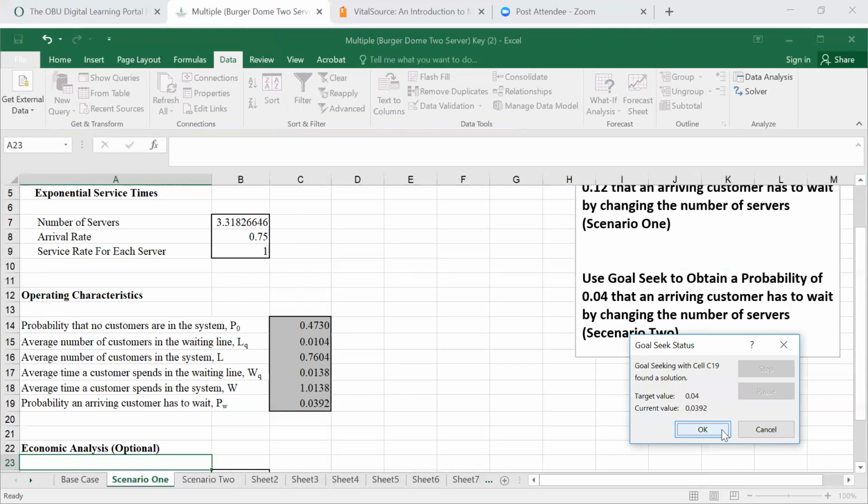Now you say, what's the point of all this? Well, the number of servers tells us something quite significant, and that is, what will our labor costs be? How much more square footage will we have to have for a 3rd person?